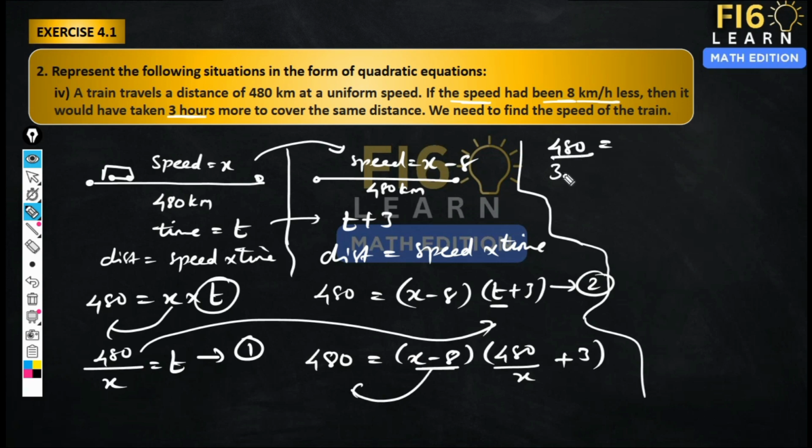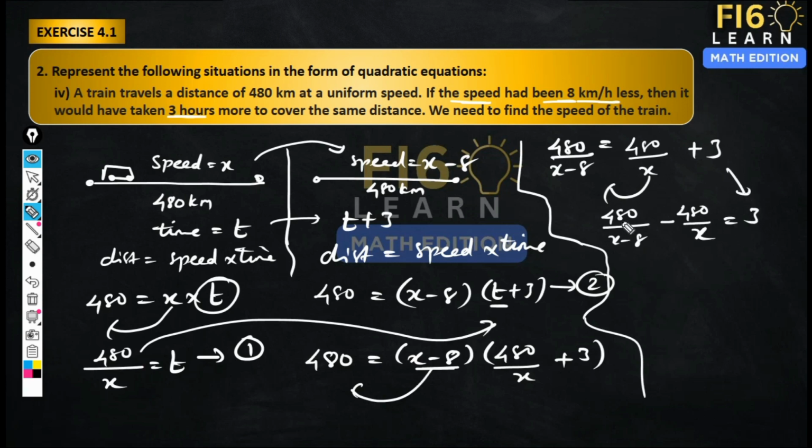You will get x minus 8 here, and on this side you will have 480 by x plus 3. Now you can take this term to the left hand side, so you will get 480 by x minus 8. Here we have plus 480 by x, so if it goes to this side, this will become minus 480 by x. Minus 480 by x is equal to 3, which stays as it is.